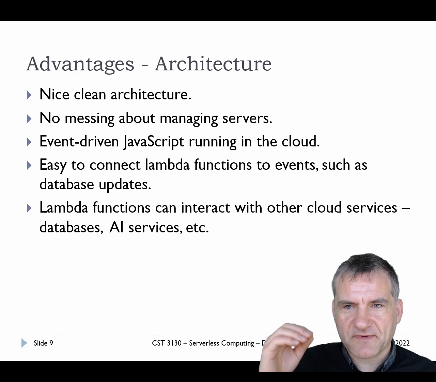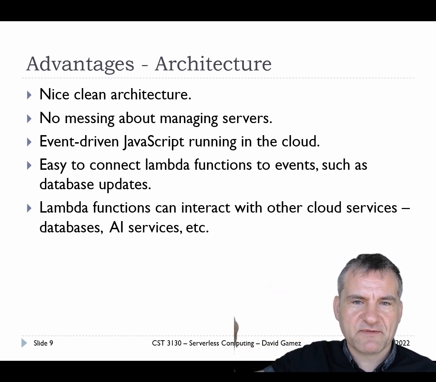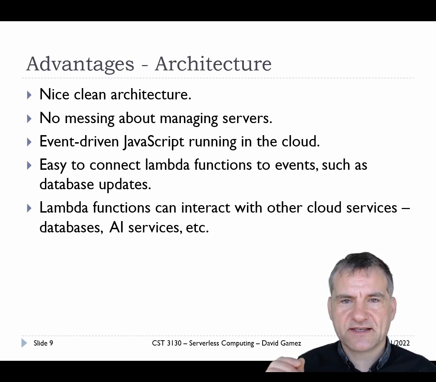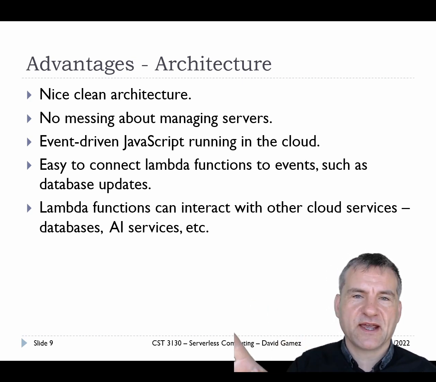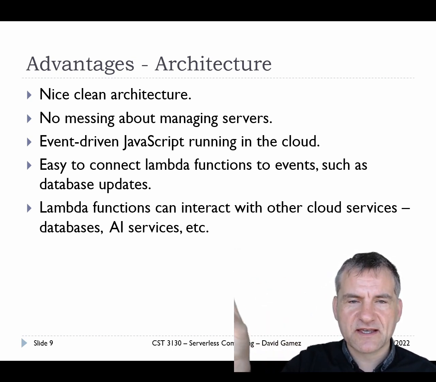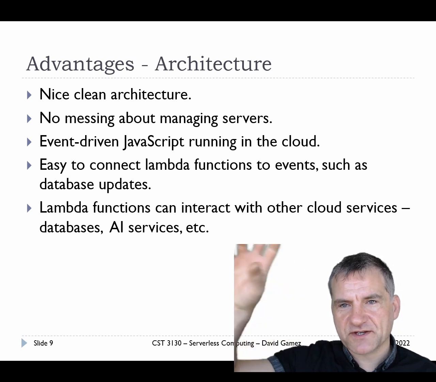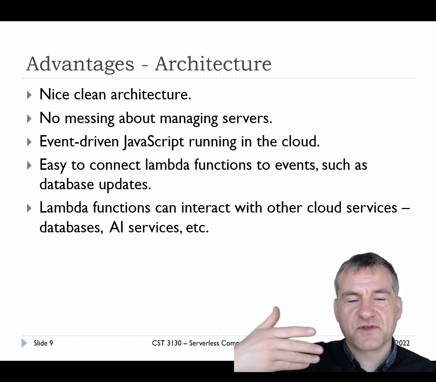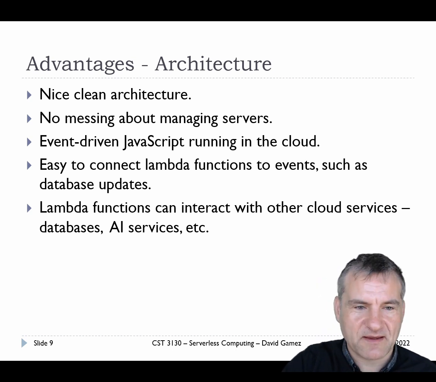Again, serverless exists on various different cloud providers, but obviously here I'm focusing on Amazon because that's what we're using for this course. Amazon has lots of AI services, like we're going to be using Comprehend's natural language service and the SageMaker machine learning service. So we can just hook up our Lambda functions to these different services to really power and add lots of good stuff to our online application, yeah?